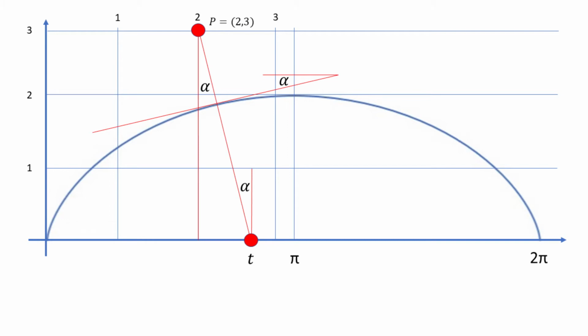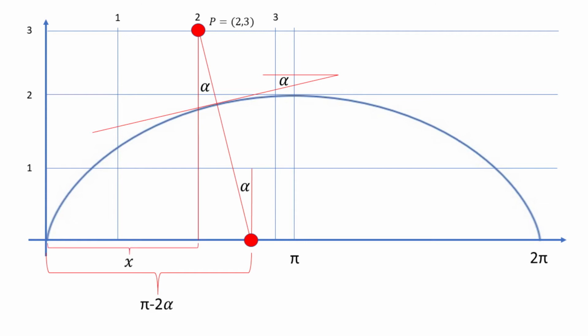So let's continue. I'm going to take t down, and I don't want to deal with t because it's too many variables. I want to deal with x, y, and alpha only. So from a previous video, I demonstrated how to derivate t in terms of pi and alpha. And there they are, pi minus 2 alpha. Now we know that's the distance t along the x-axis. What we also need is our x.